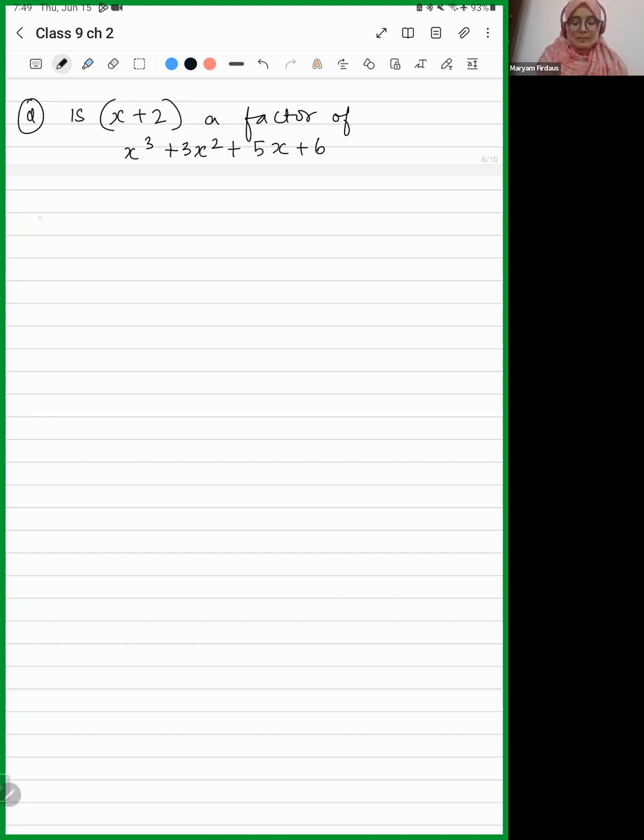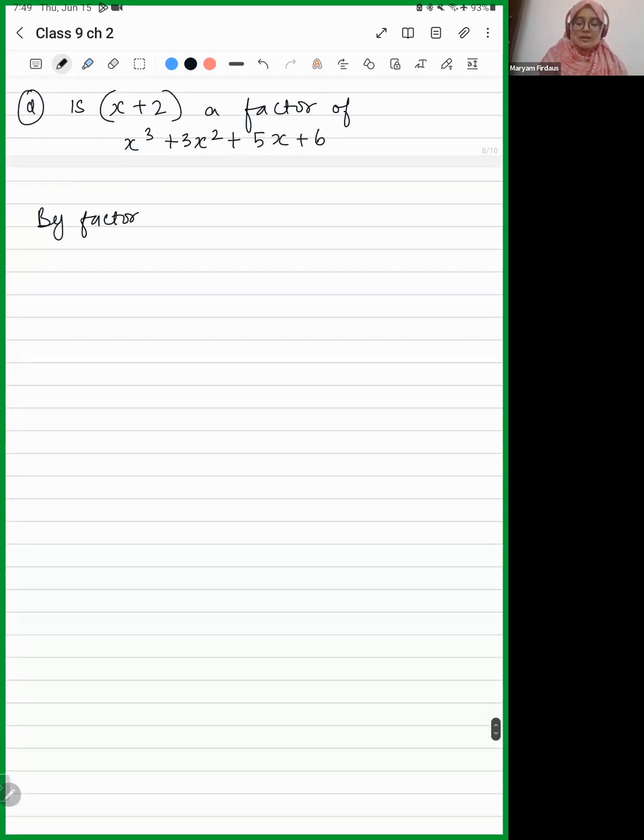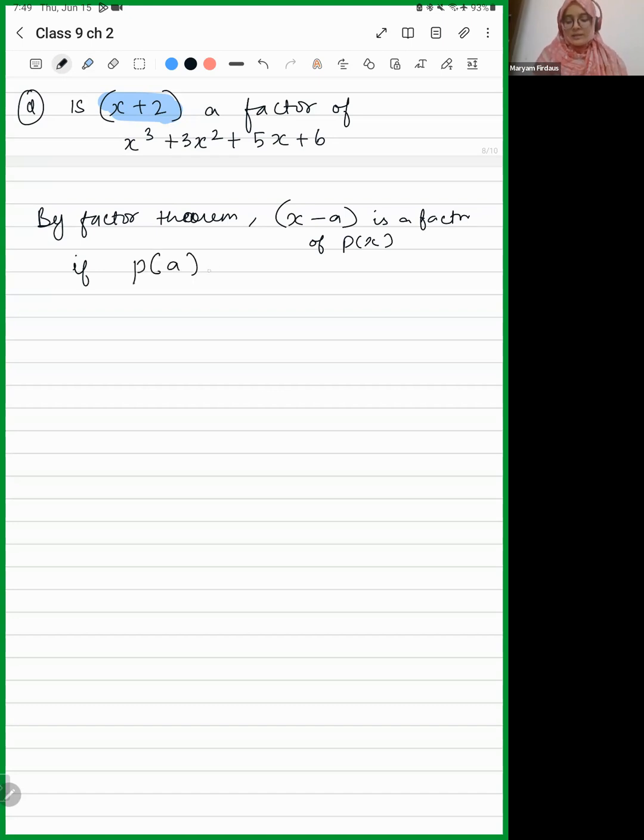We know that by the factor theorem, if we want to find whether this linear binomial is a factor of the given polynomial, we will first see that x minus a is a factor of P(x) if P(a) is 0.